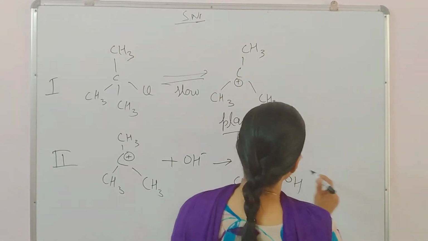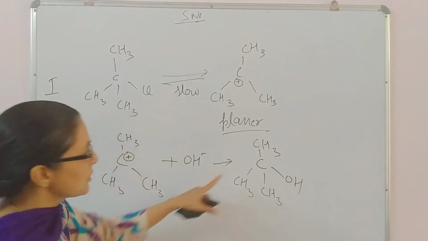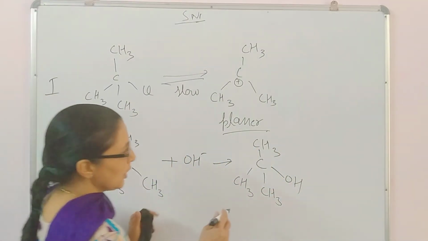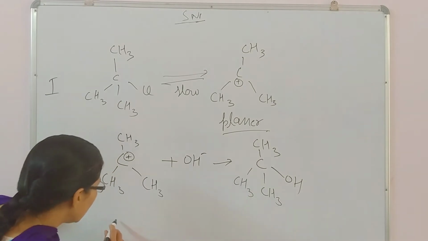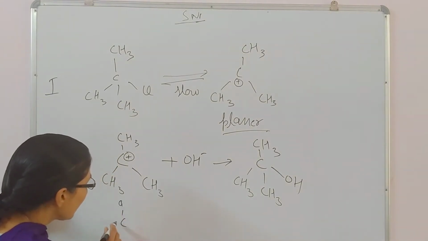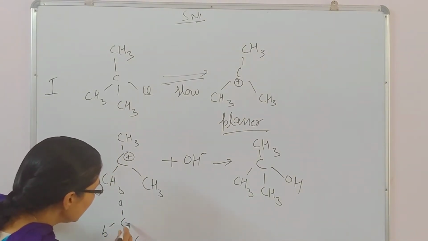Otherwise, what will happen if this compound has 3 different groups, A, B, C?